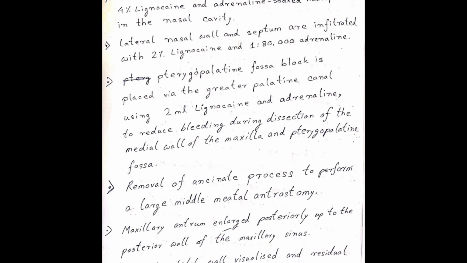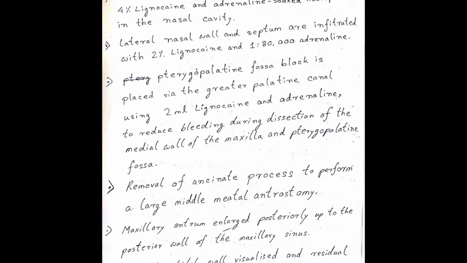Lateral nasal wall and septum are infiltrated with 2% lignocaine and 1:80,000 adrenaline. Pterygopalatine fossa block is placed via the greater palatine canal using 2 ml lignocaine and adrenaline to reduce bleeding during dissection of the medial wall of the maxilla and pterygopalatine fossa. Uncinate process is removed to perform a large middle meatal antrostomy.